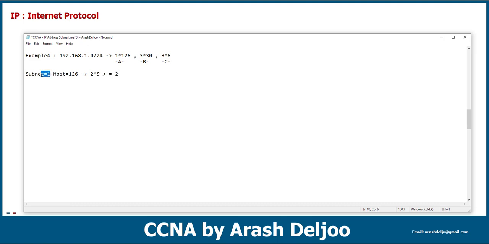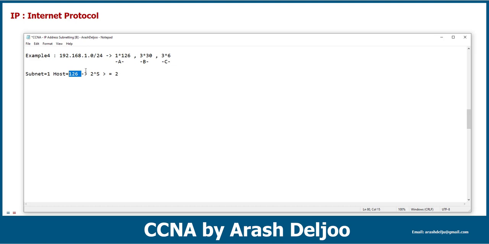The requirement is one subnet with 126, but you know that we are designing one subnet with this amount of hosts, okay, but we need another subnet for other parts of the networks. For example, actually we have two subnets.